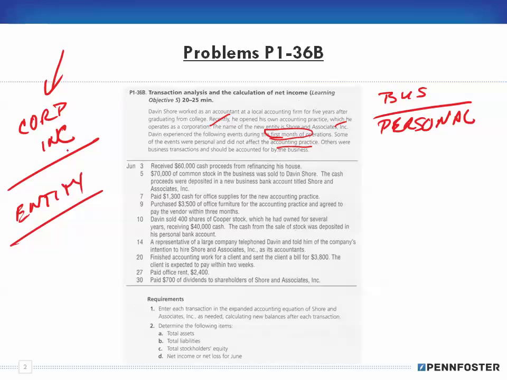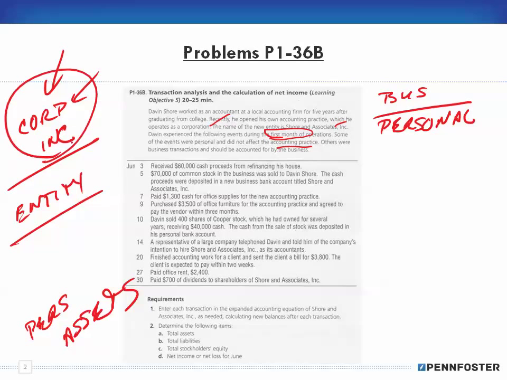And you might have your own personal assets, like your home, your car, and so forth. If you follow the rules of the corporation and you don't pierce the corporate veil, then when they sue, all they're doing is suing the corporation. They're not going to be able to get your assets.